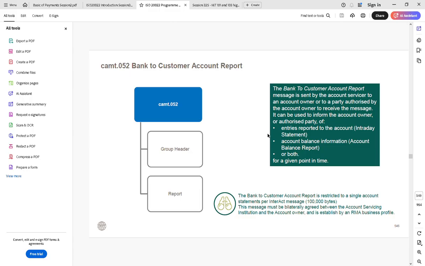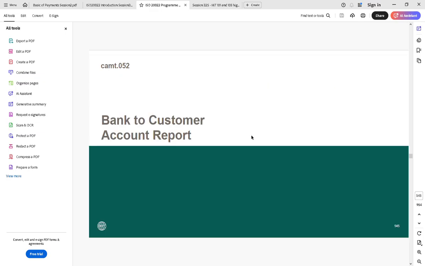It means credit and debit transactions that happen, or any 2 or 3 hour intraday statement as per request, or account balance report, or both, for a given point. So this can be generated by the last bank in the chain. So what is the last bank in the chain? Did we see that earlier? CAMT 52.